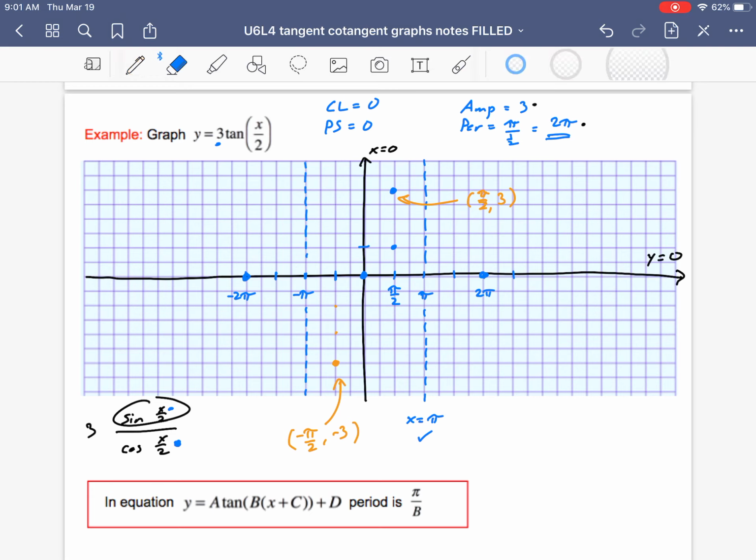Okay? Let me erase some of this stuff. Bothers me that the axes are broken now, so I'm going to fill that in. I don't want to make this orange, I want to make it blue.